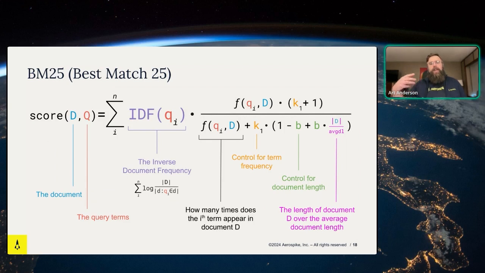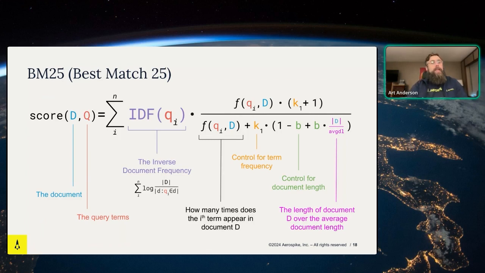So effectively, how often is this keyword showing up in this document versus all documents. And then we're applying some additional control for how this applies across the overall average document, and so on. There's a lot going on here, and we definitely don't have time to dive in too deep.